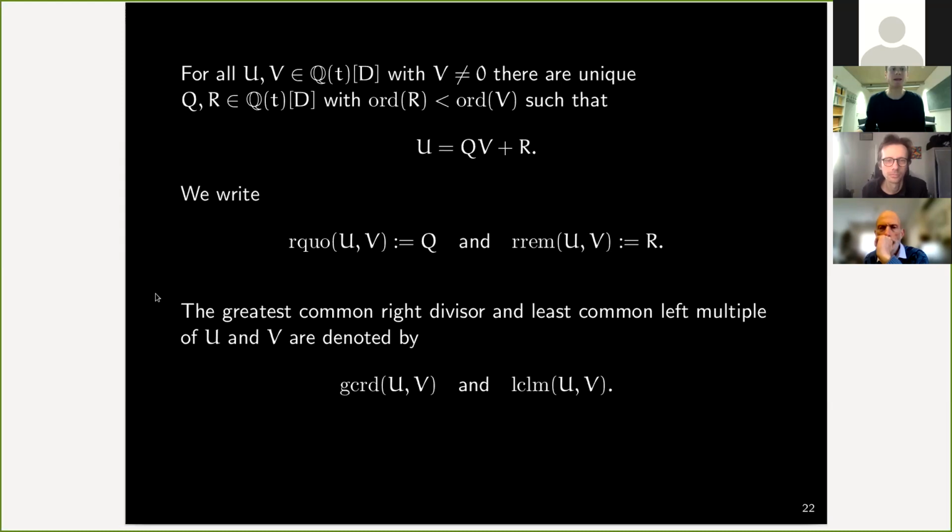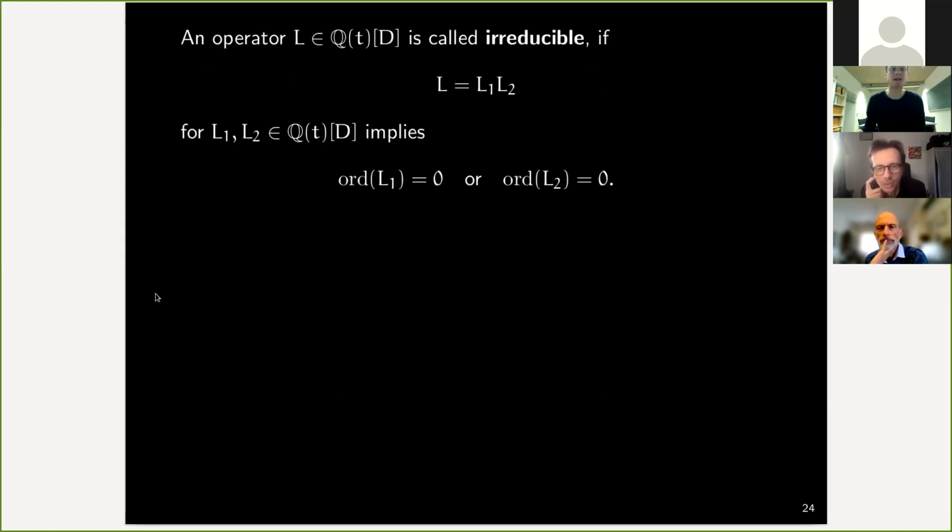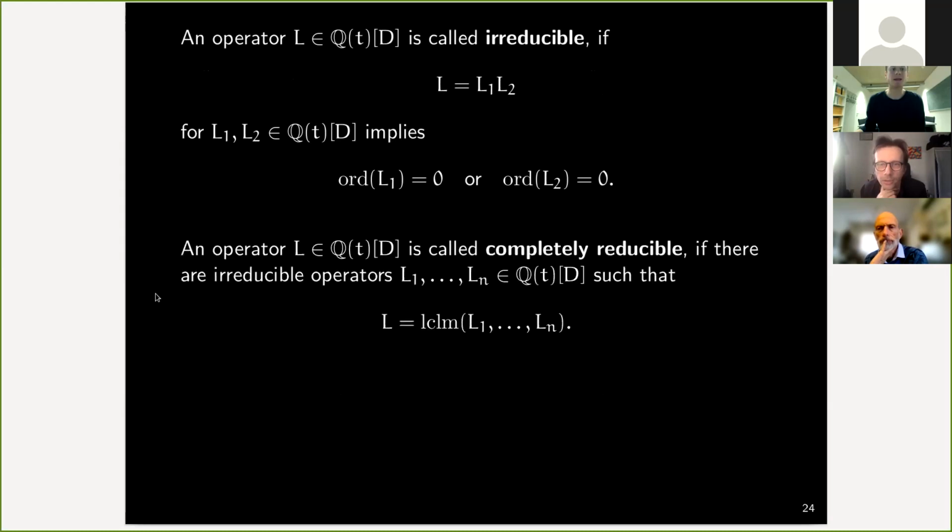And then you also have to check whether these operators are irreducible. And for this, you can use another command, DFactor. Right. But it is very likely that your operator is too big, and then you have to somehow work around. Yeah, we have to do this. And this is, of course, only for one-dimensional, so for one variable operators, right? Not right. Multivariable. Yeah.